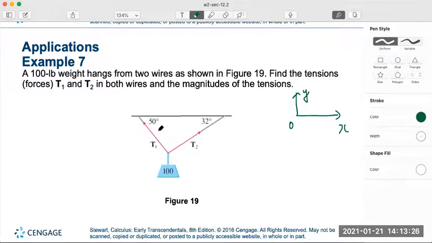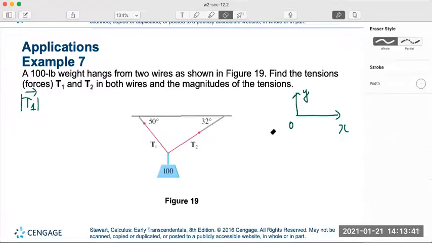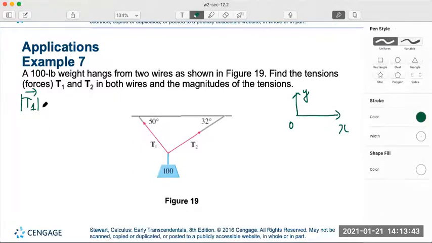The length of T1 is the absolute value of T1 here. And to avoid confusion, I write the length of T2 in this notation as the absolute value of T2 here.